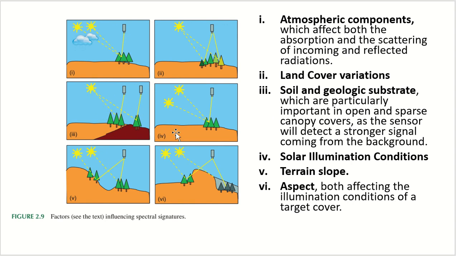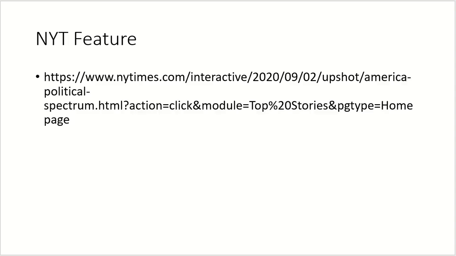Could come down to the changes in the sunlight, or with terrain, slope, and aspect, how sunlight, materials, and the sensor are spatially arranged. So some of those are going to be important to us. All of these might affect the data. Some of them are going to be important on the knowledge that we want to generate as well.